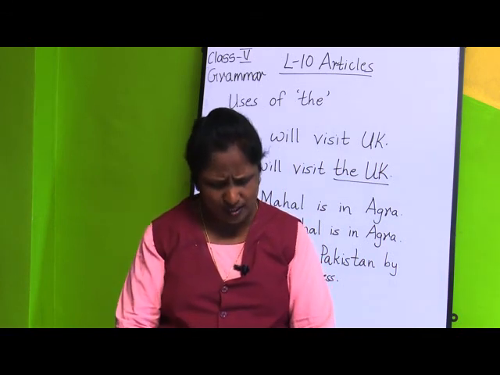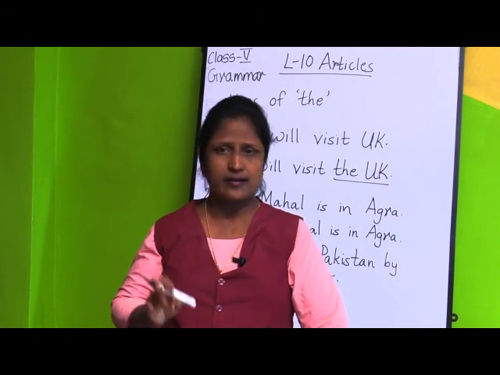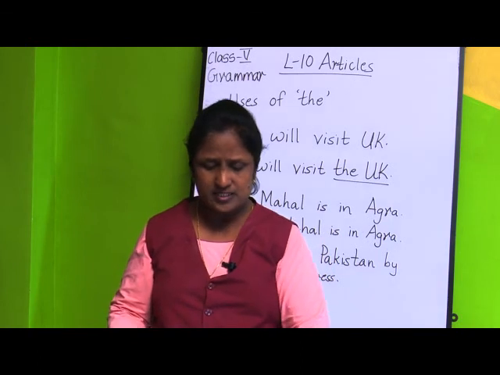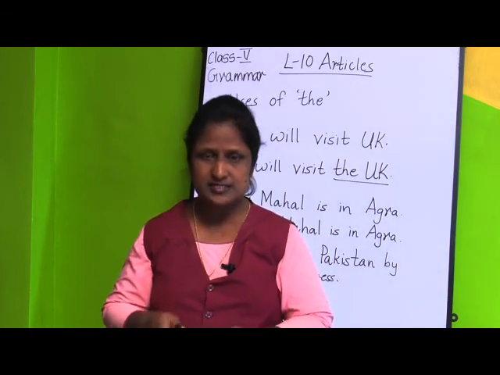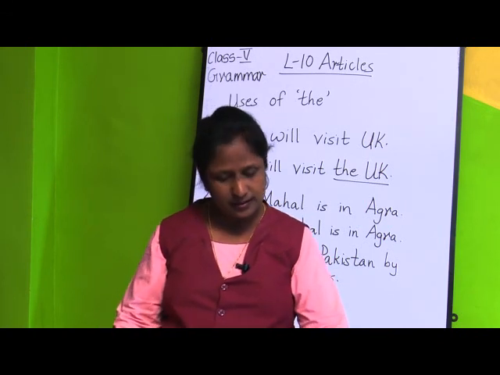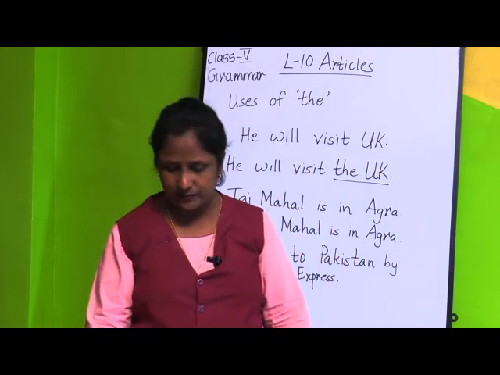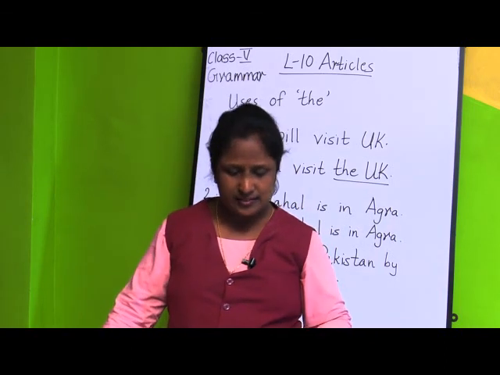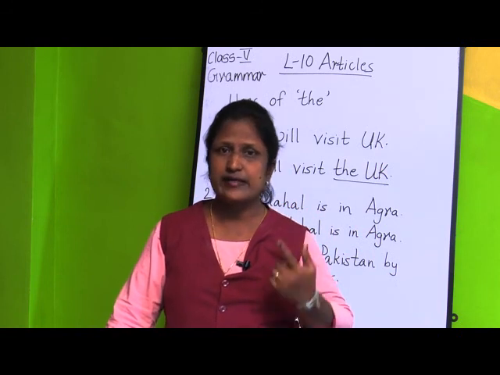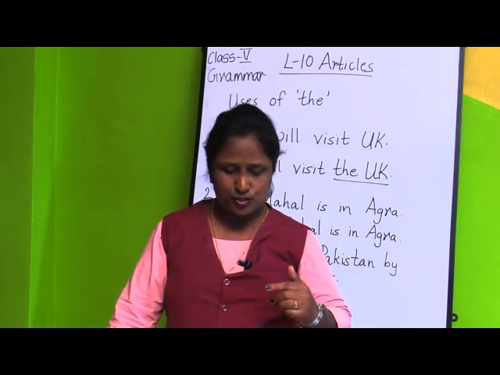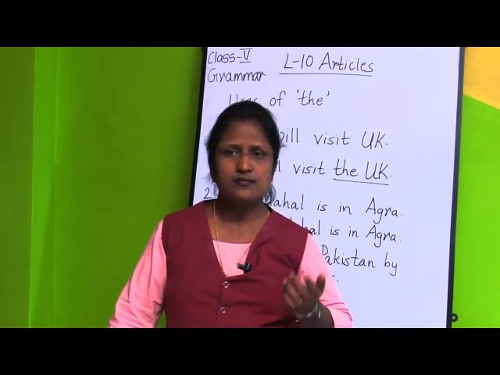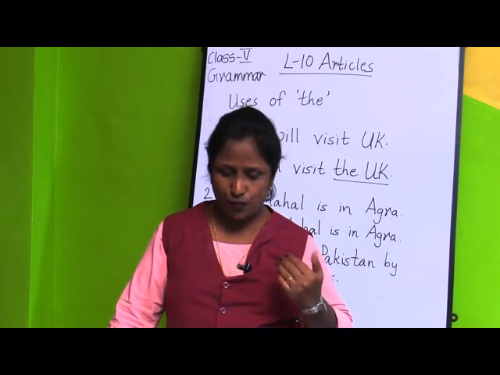So this was all about articles a, an and the. Once again, I will tell you: a and an are indefinite articles, the is the definite article. We know a and an are used before countable nouns, when they are singular in number. Also, a is used for consonant sounds, and an where the words start with a vowel sound.